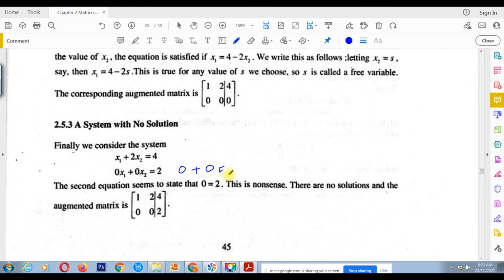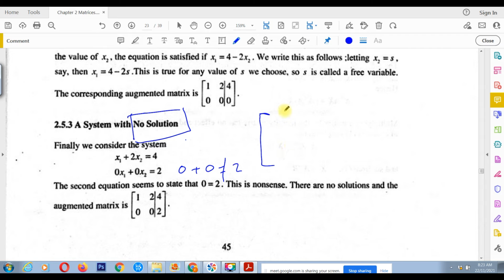This is not correct, right? This condition is not correct, 0 does not equal 2. Because this condition is not correct, we cannot find the solution. That's why in mathematics, if there is no solution, we state that there is no solution. If it has a solution, we state that it has a solution.